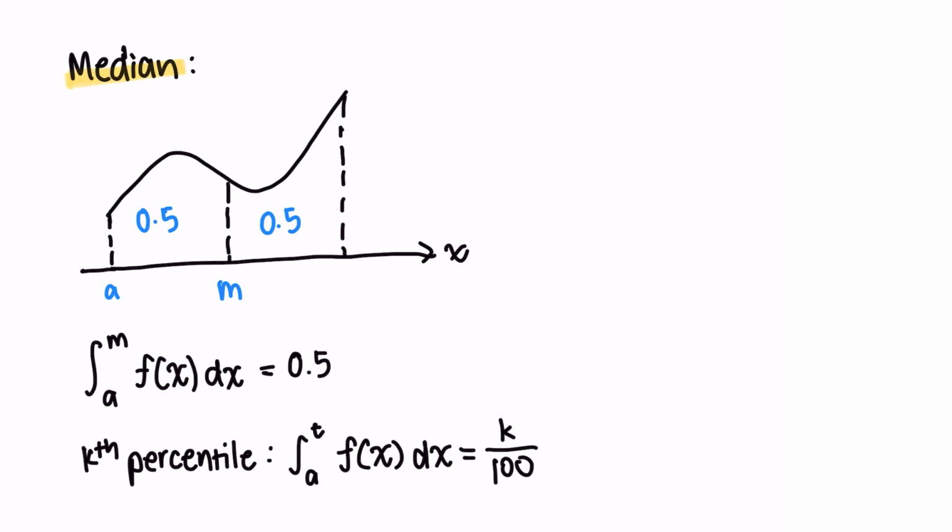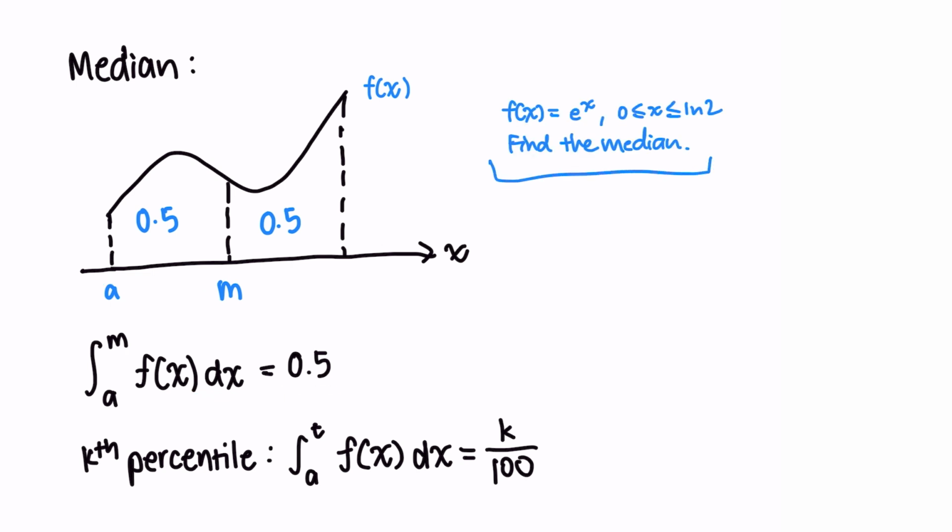The next thing I'm going to look at is how to find the median. So let's say I have the PDF f(x) over here. Your median m will just be this point where it splits the probability distribution function in half on both sides. So the formula to find the median will look like the integral from a, which is our starting value, to m, which is your median, of f(x) equals 0.5.